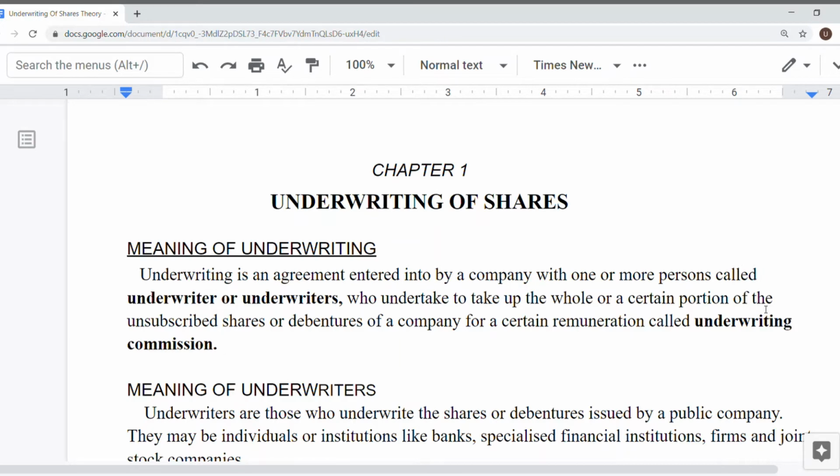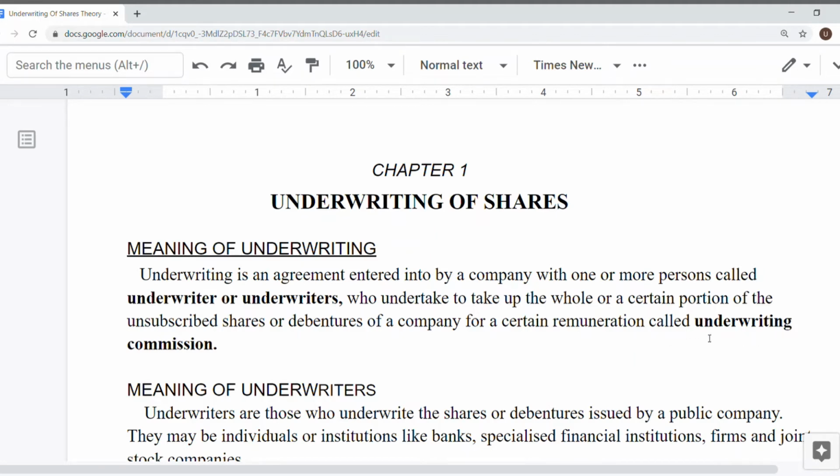So if a public company is issuing 50,000 shares, and please concentrate, if the company is issuing 50,000 shares and the public is subscribing only for 30,000 shares, the remaining 20,000 shares will be subscribed by these underwriters, or else they can also undertake the whole 50,000 shares, but for a certain remuneration called underwriting commission.